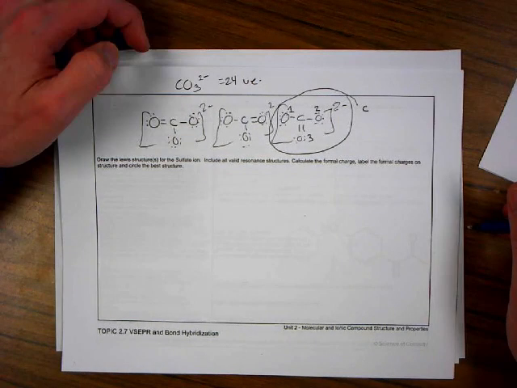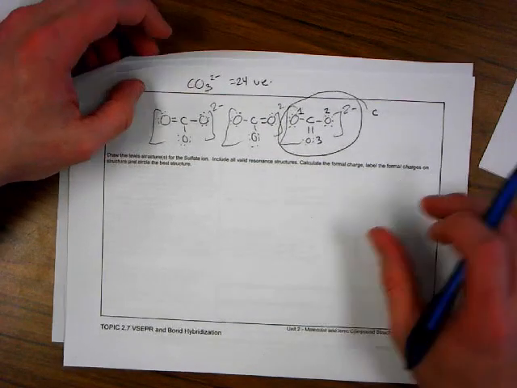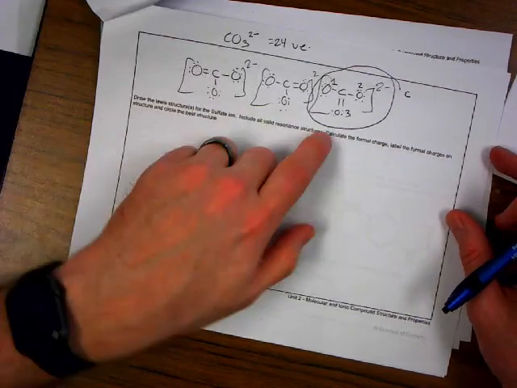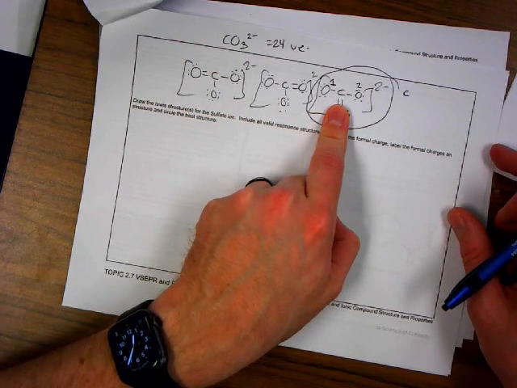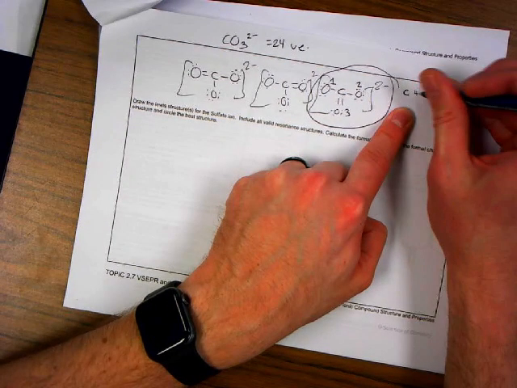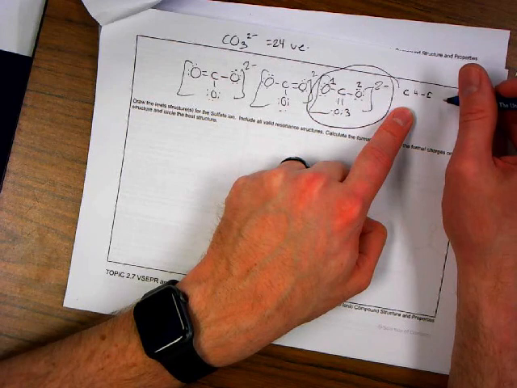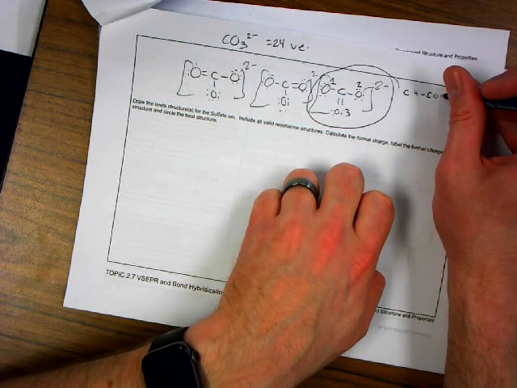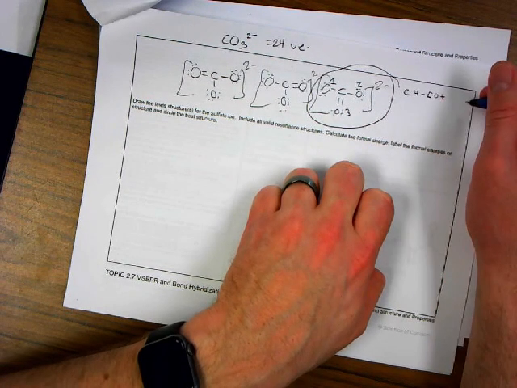All right, so let's do this molecule. Let's label this oxygen 1, oxygen 2, oxygen 3. Let's calculate the formal charge for carbon first. If you go back to your equation, it is valence electrons. How many valence electrons does carbon have? 4.